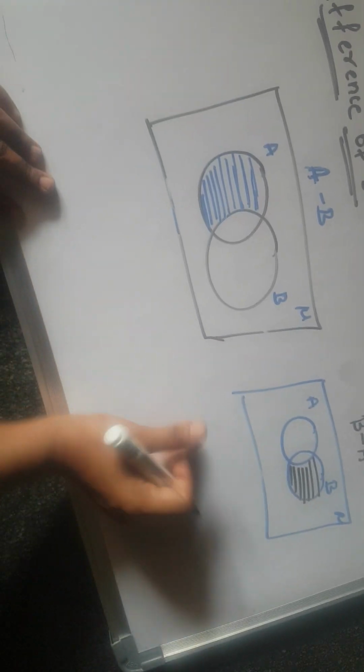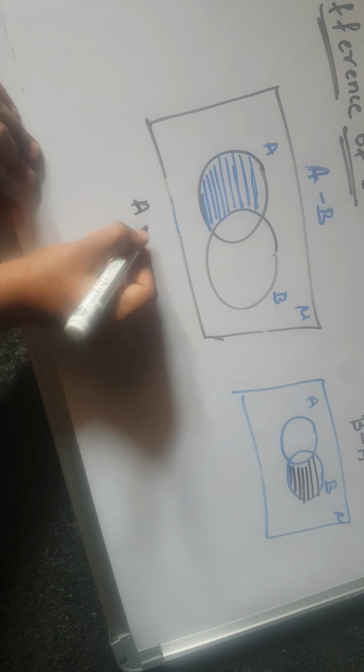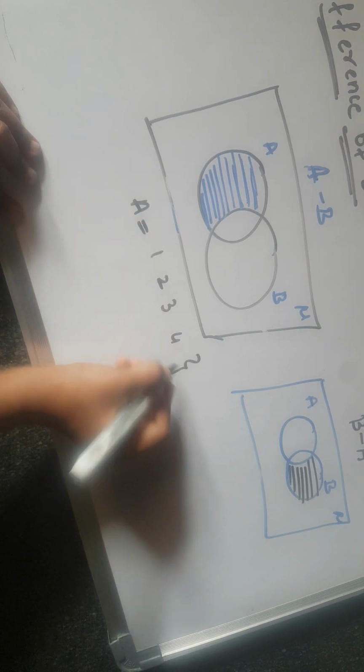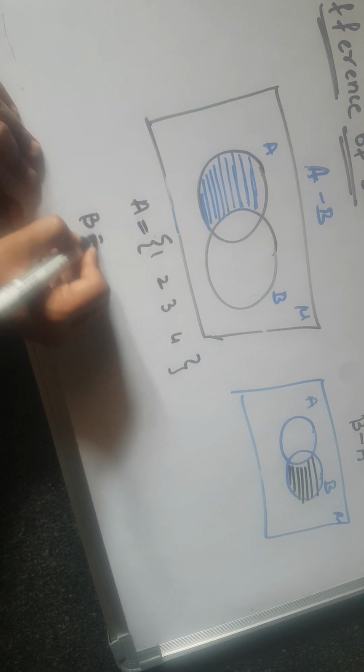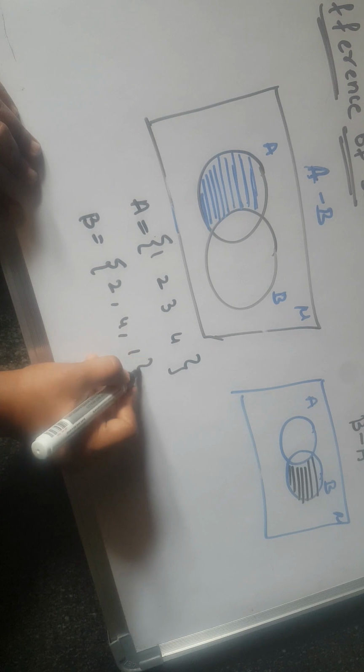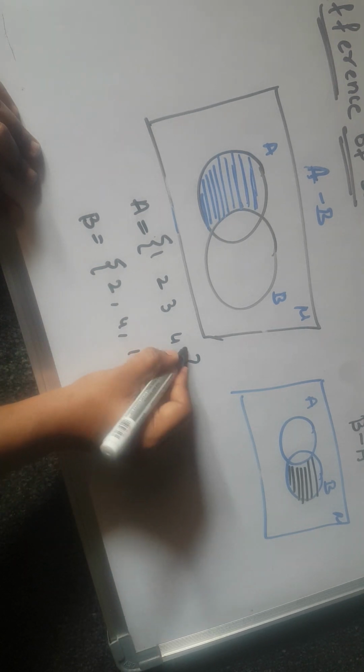Now I'll give you an example. Set A has 1, 2, 3, 4, and set B has the elements 2, 4, 1. Take this 5 also.